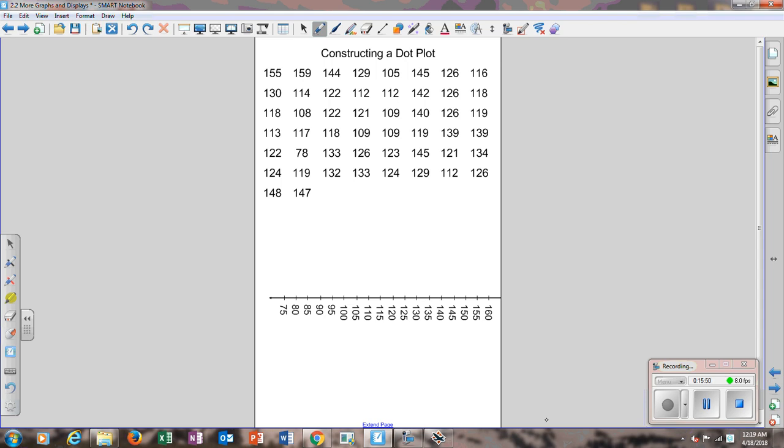So our first number is 155. Put an X. 159 is closest to 160.